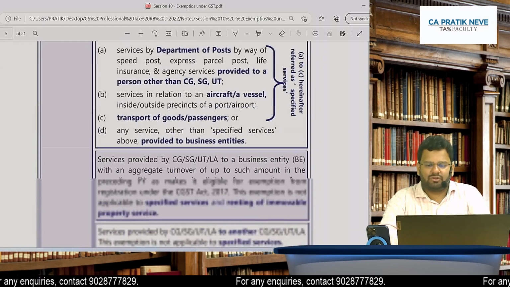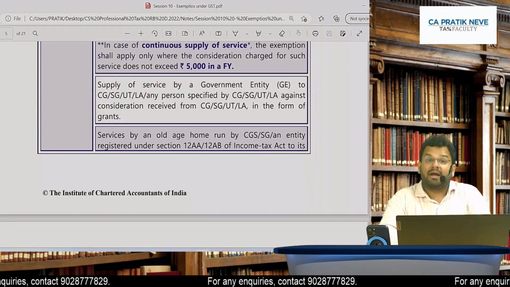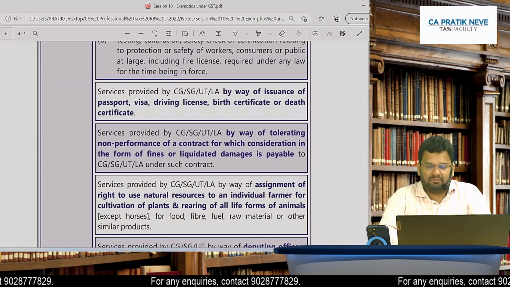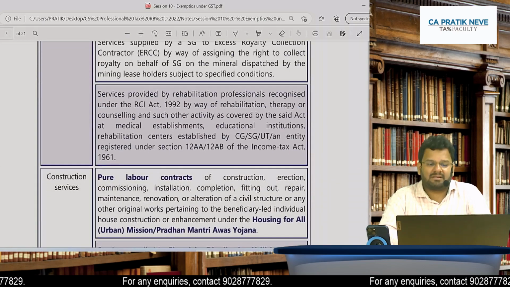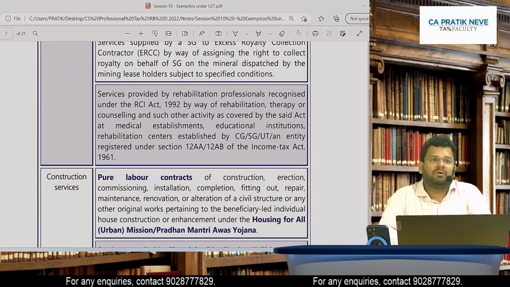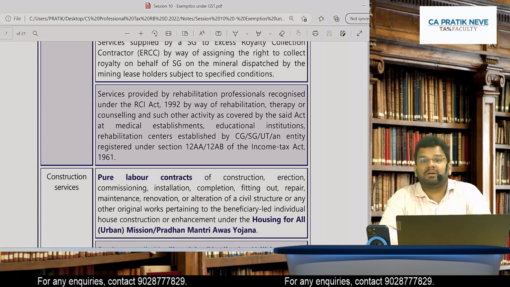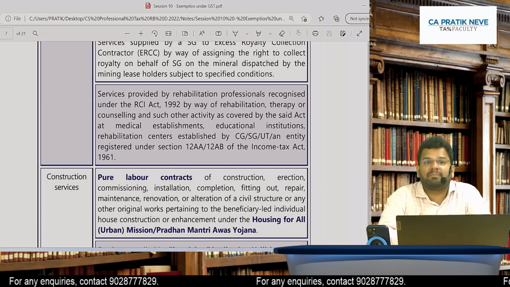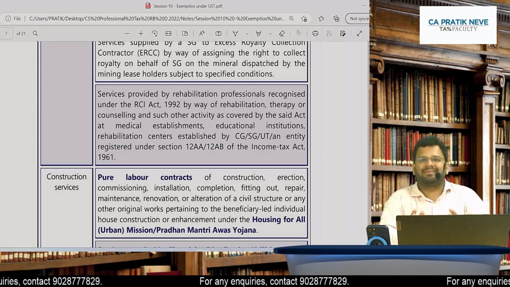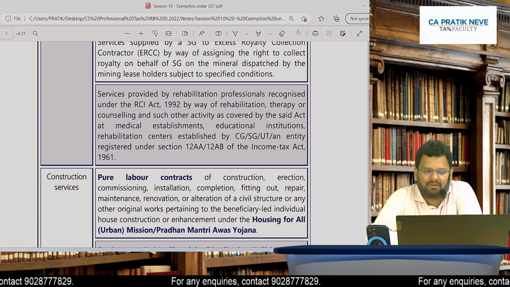If there is an unfortunate accident and the patient is in a bad state and has to be given medical treatment with the help of cosmetic and plastic surgery, that will be a healthcare service and exempt.